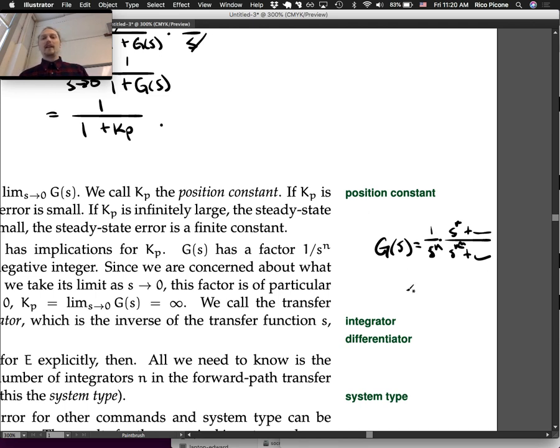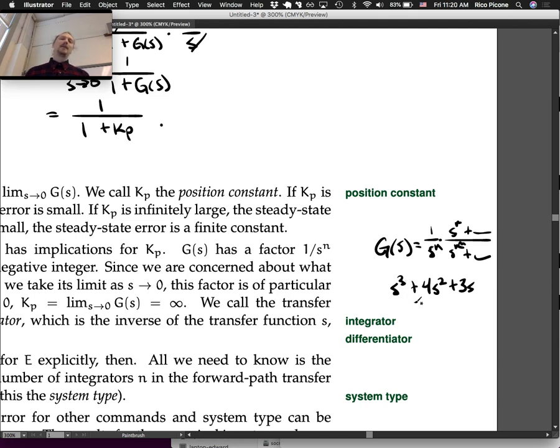So, for instance, the denominator might be s cubed plus 4s squared plus 3s, let's say. You can factor 1 s out of that denominator, right?